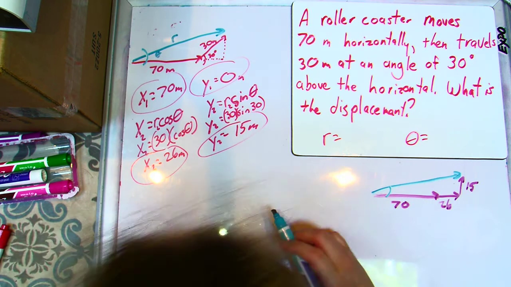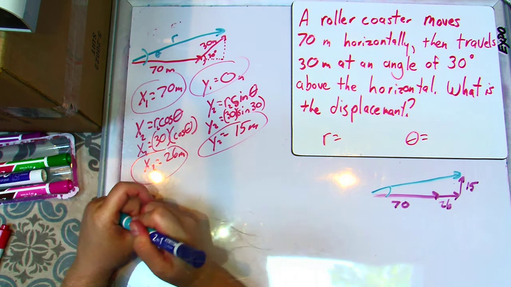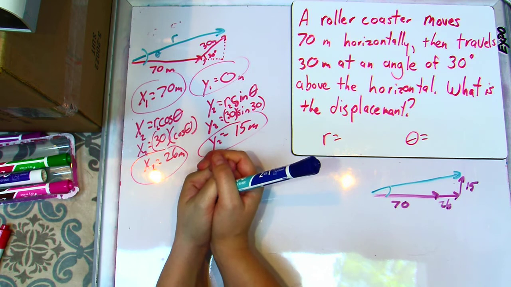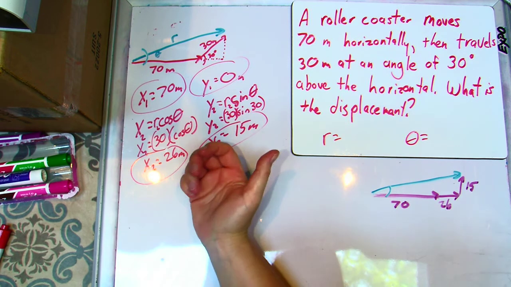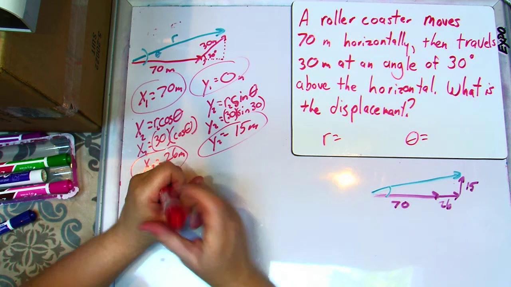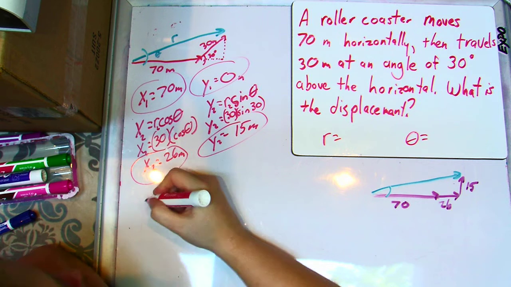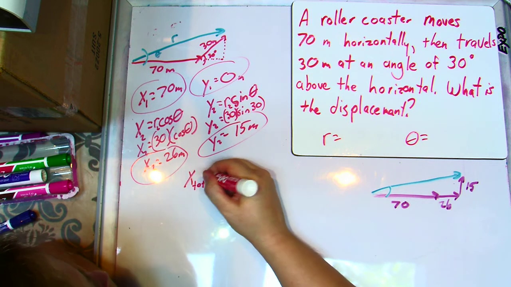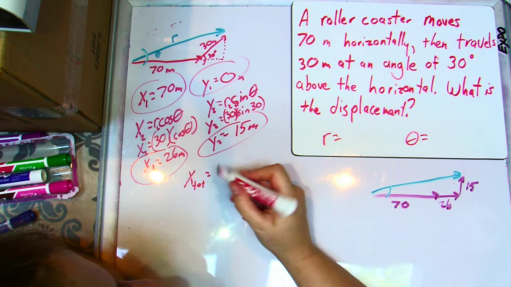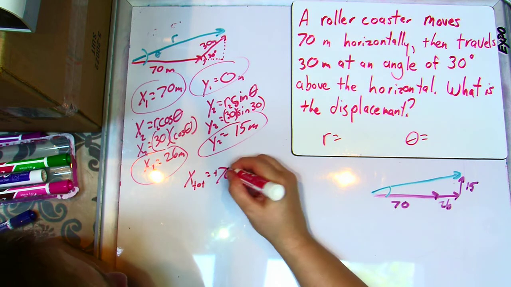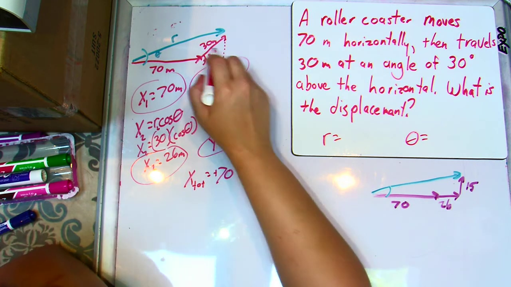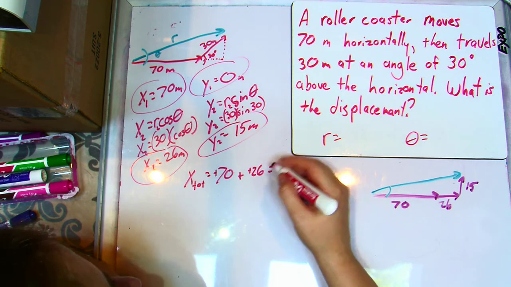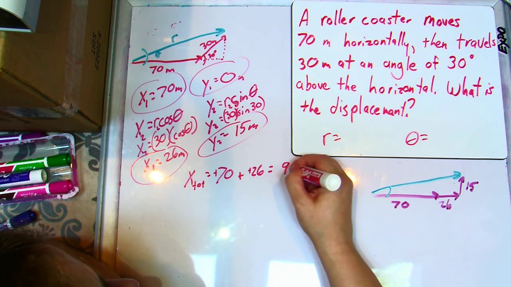So all I did was I broke both of these vectors down into their x and y components. Now I gotta combine their x and y components. So for x total, 70 is moving to the right, so it's going to be positive 70, plus the 26 is moving to the right, so plus 26 equals 96 meters.